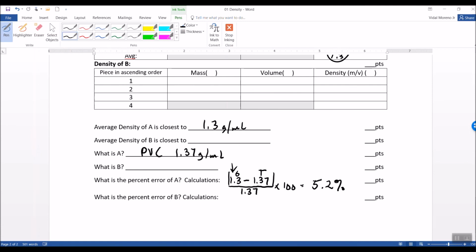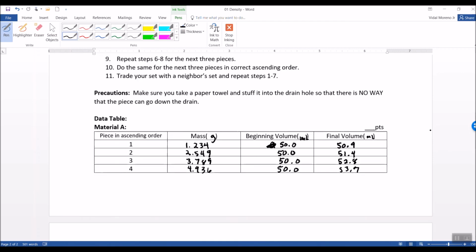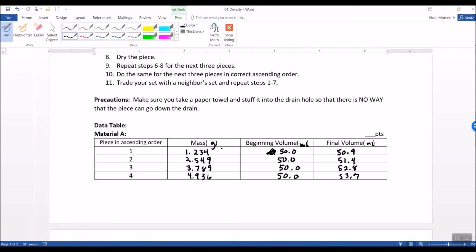So our percentage is 5.2%. This is pretty easy. Keeping in mind, once again, let me emphasize that for honors chemistry, you will need to have 3 decimal places. For advanced chemistry, I think 1 decimal place is all you need to have. Difference in difficulty for both of you.